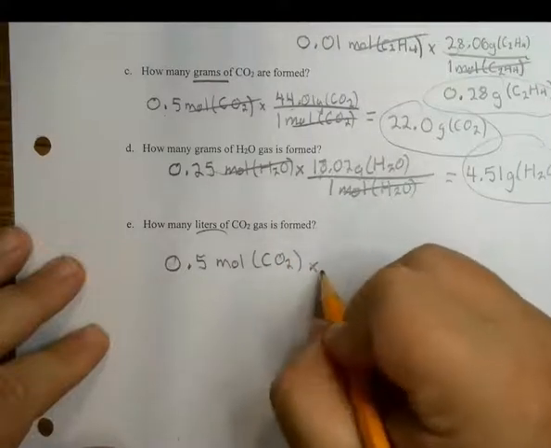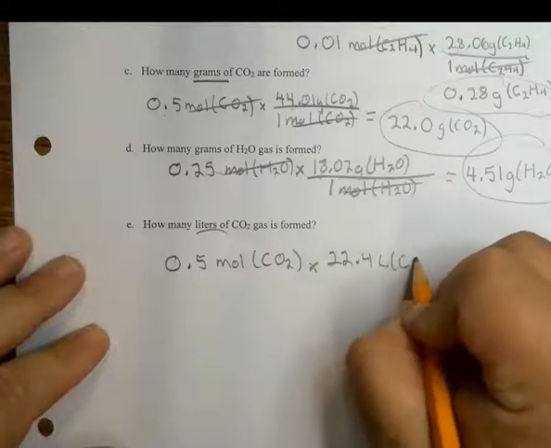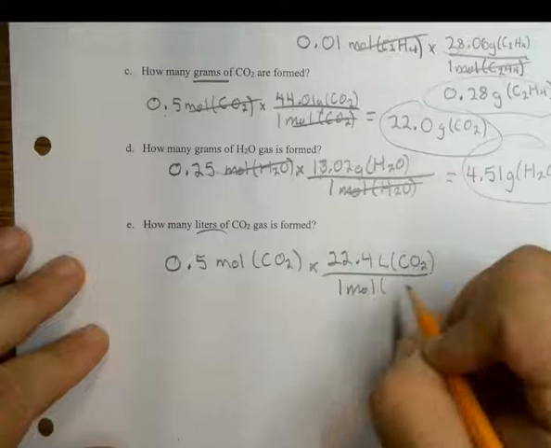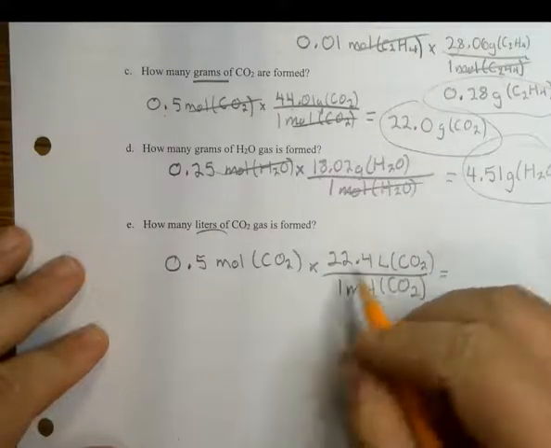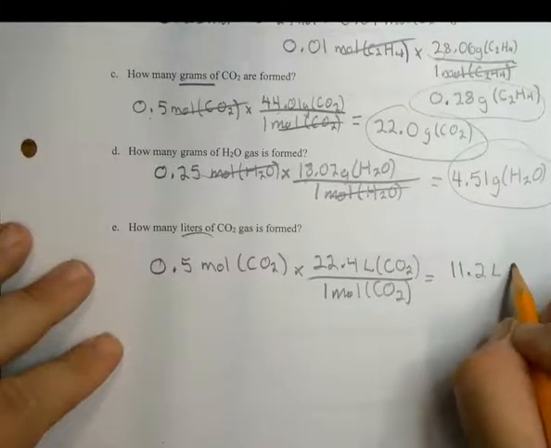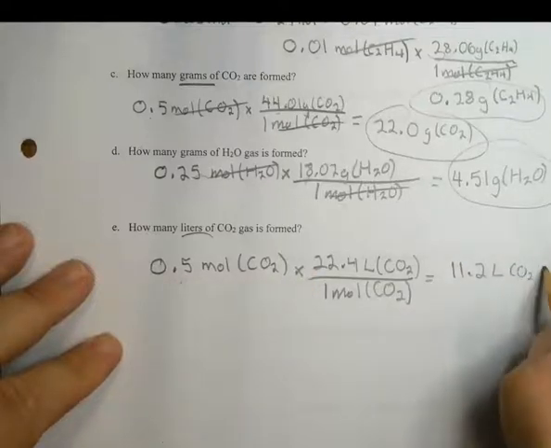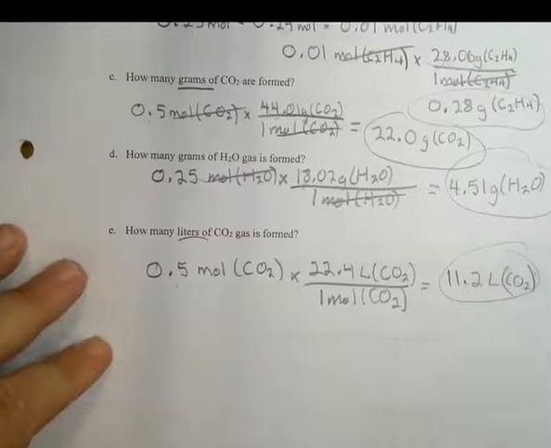And you multiply that by 22.4 liters of CO2 divided by 1 mole of CO2, a moles to liter conversion. And so half of 22.4 is 11.2 liters of CO2 is produced. Okay, just multiply a half times 22.4, and that gives you your answer.